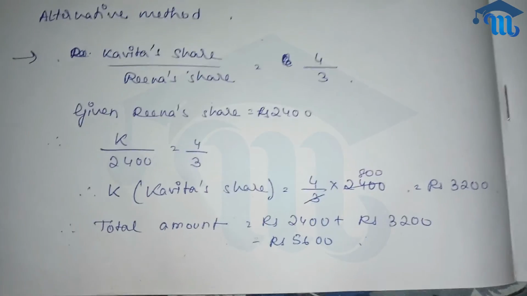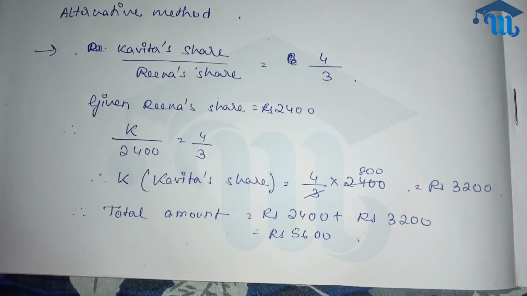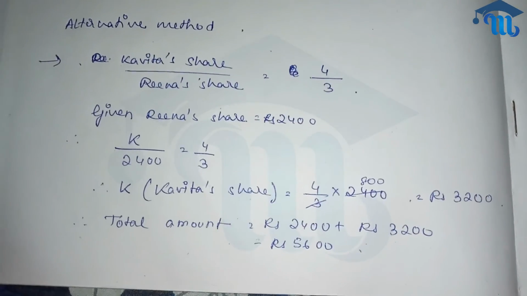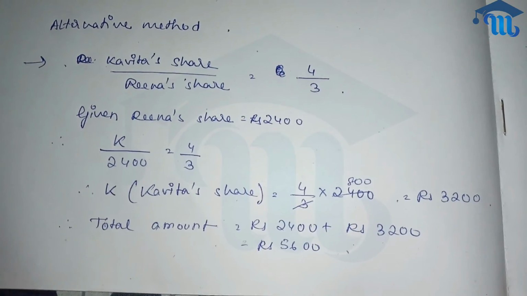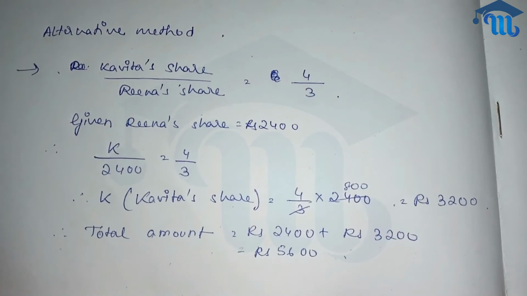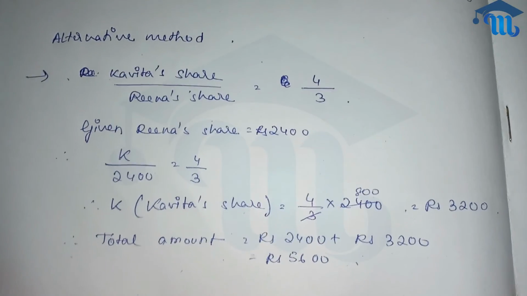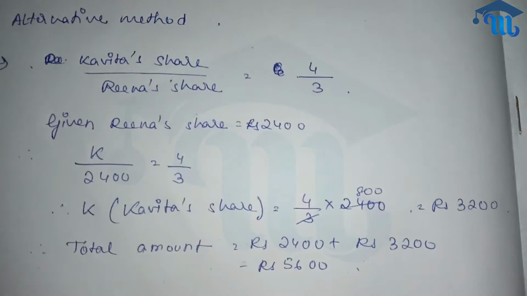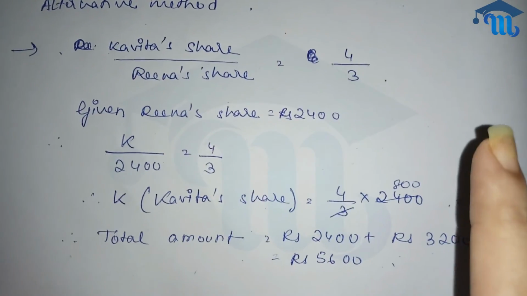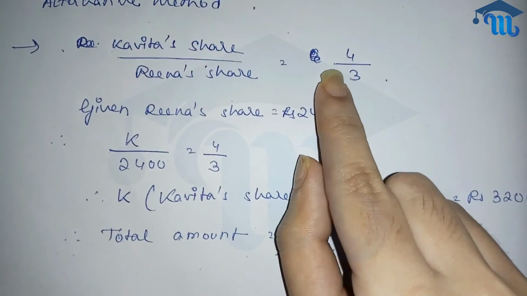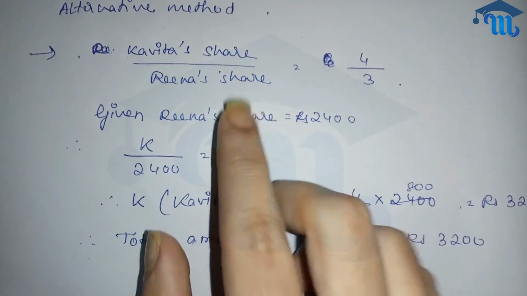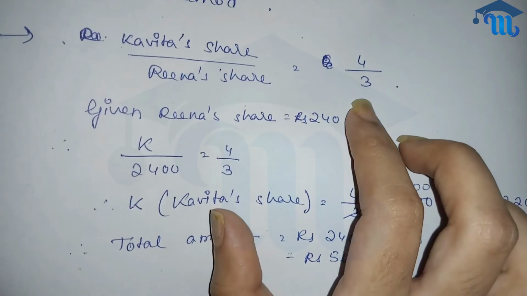So this is the alternative method. Let me explain it to you guys. Kavita's share we don't know, but Reena's share we know, and the ratio we know. The ratio we know is 4:3 from the question. So Kavita's share by Reena's share is equal to 4/3.